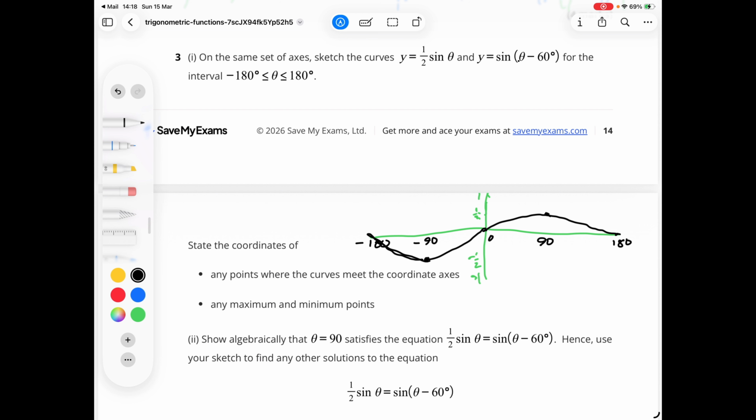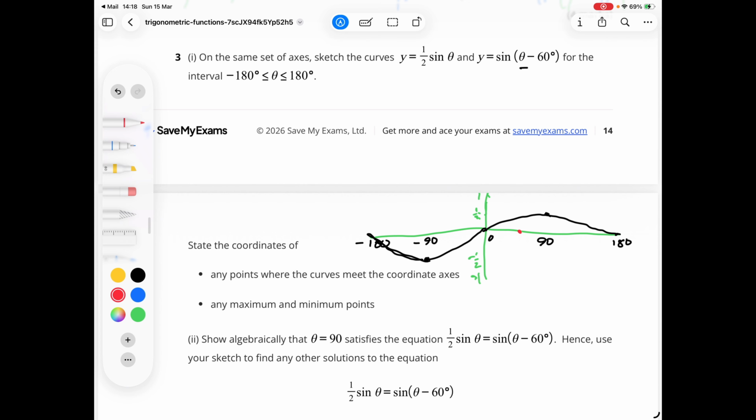Now, the sine of theta minus 60. So that means normally we would go through 0 at 0. But now we're going to go up 60. So that's the answer.